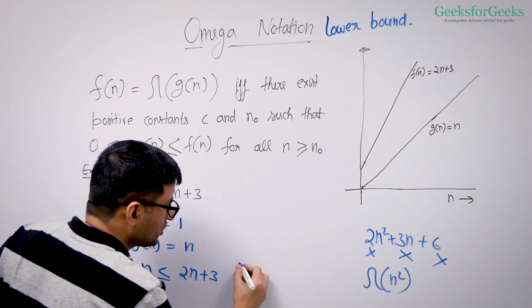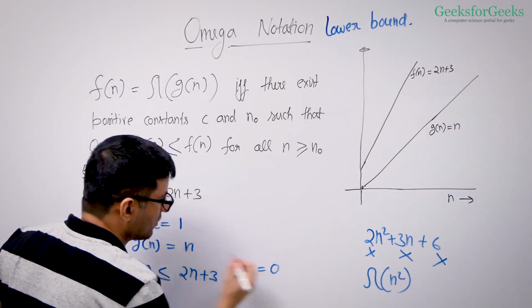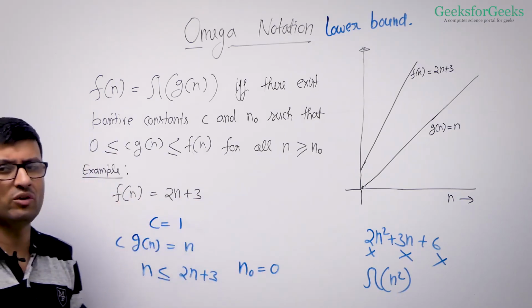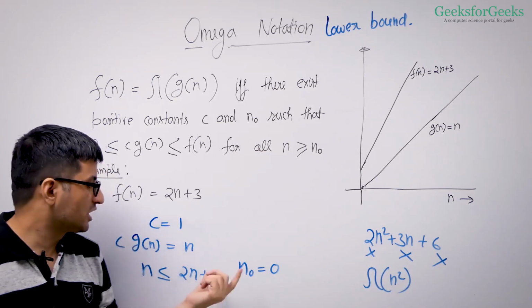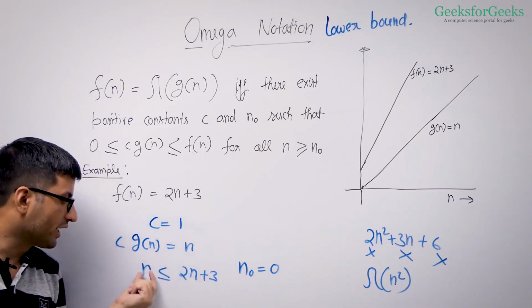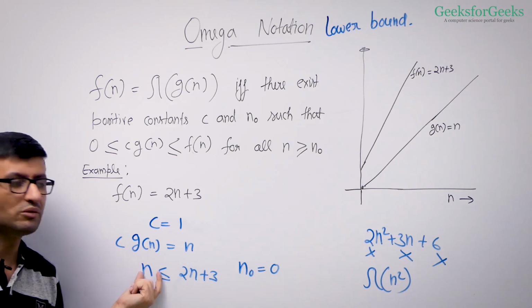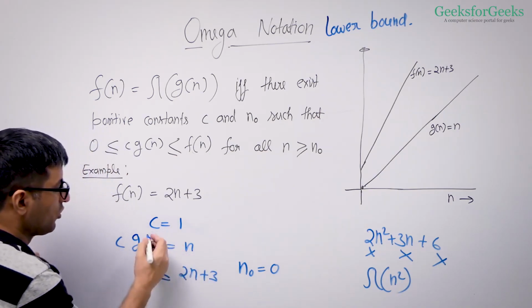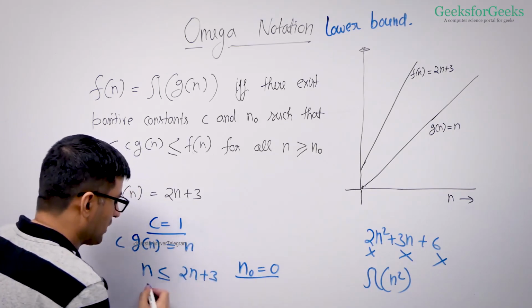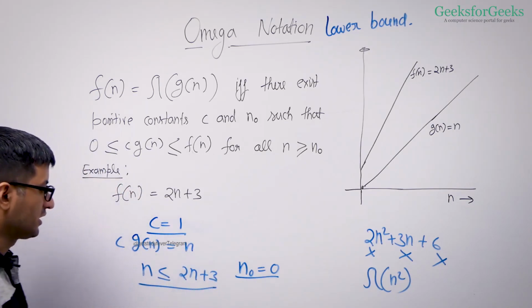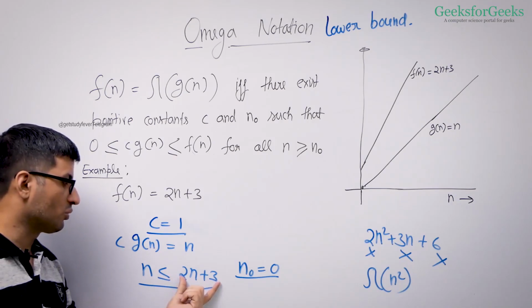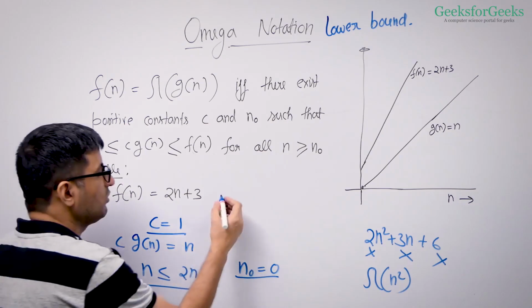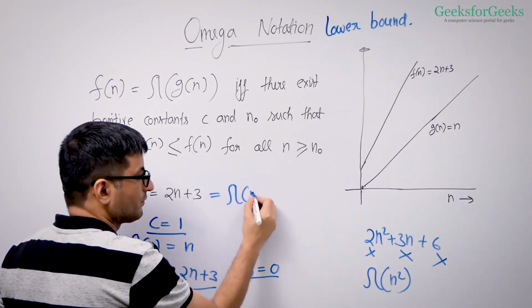So you can choose n naught as 0. You can in fact choose it as 1, 2, 3 or any positive value, but you need an n naught after which this value is always going to be greater than or equal to this value. So if we put n naught equal to 3, we have now the two required constants, and we have this condition followed, that this is smaller than or equal to 2n plus 3. So we can clearly say that this is equal to omega of n.